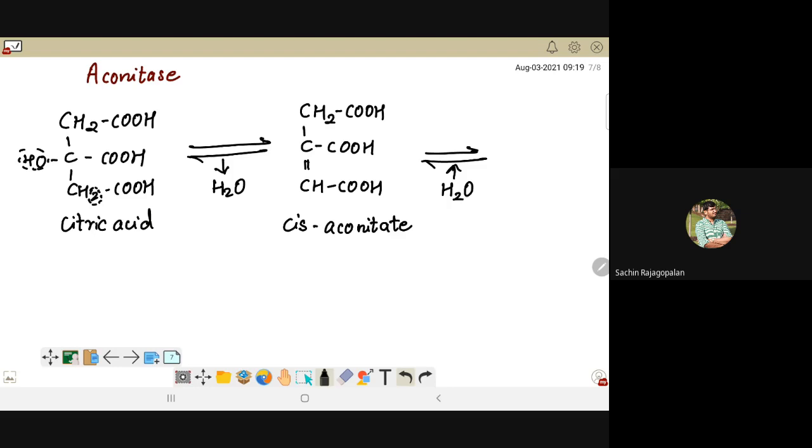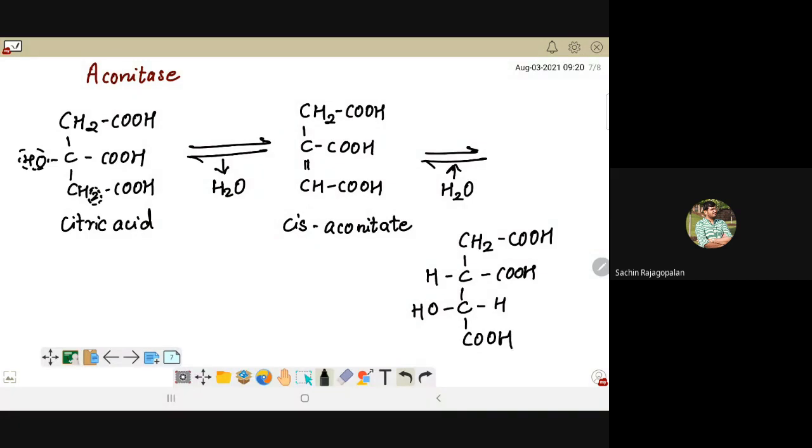This group will remain as it is. Here I will add a hydrogen. Here we will add a hydroxyl group.